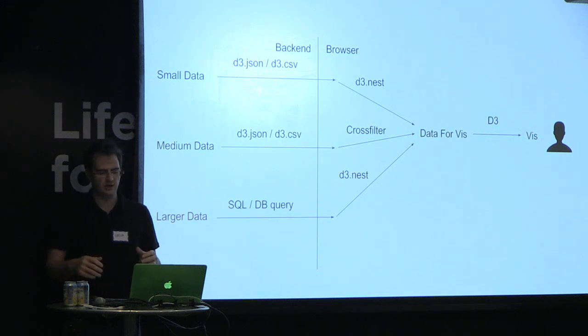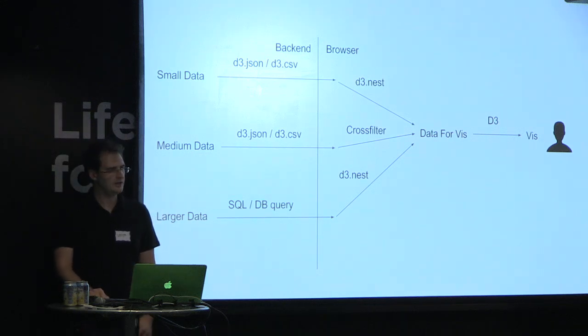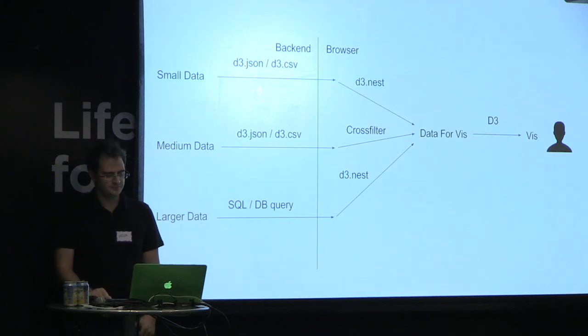You'll probably use a beefier tool, like Crossfilter. Crossfilter, for those of you who don't know, is also built by Mike Bostock. It's kind of like the cousin of D3. It's basically a library where you can perform all sorts of data manipulations and then create data that you will then render onto the visualization.